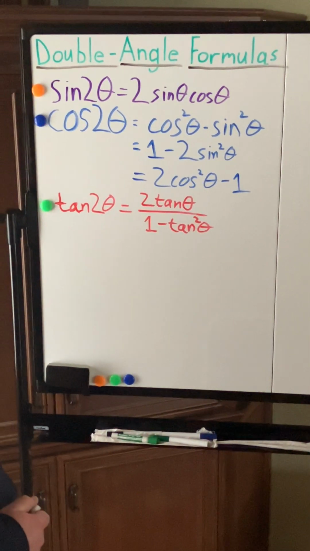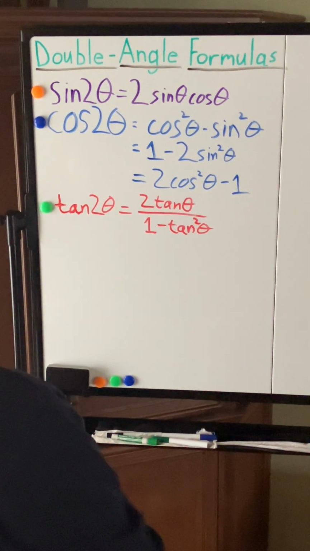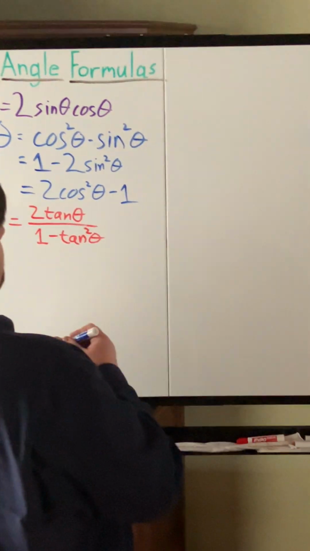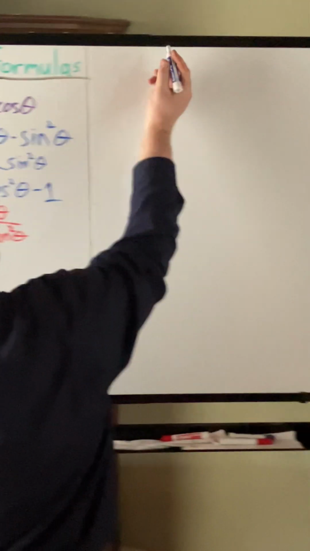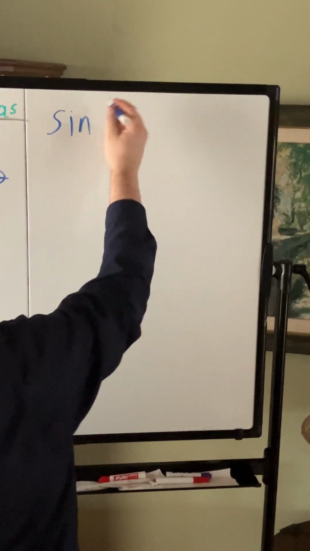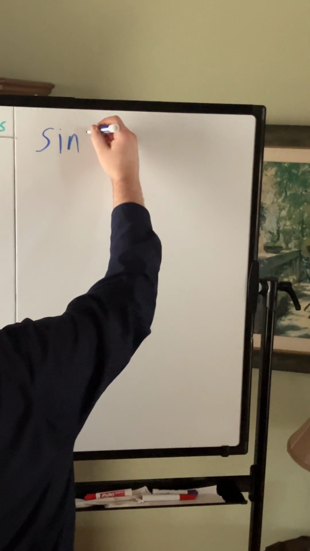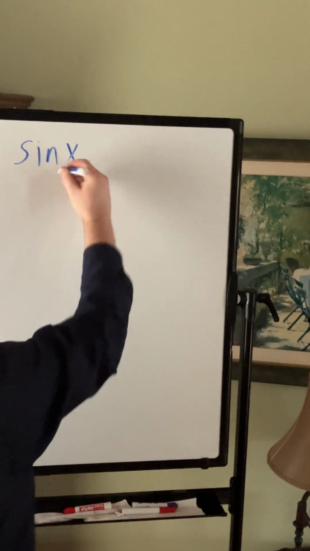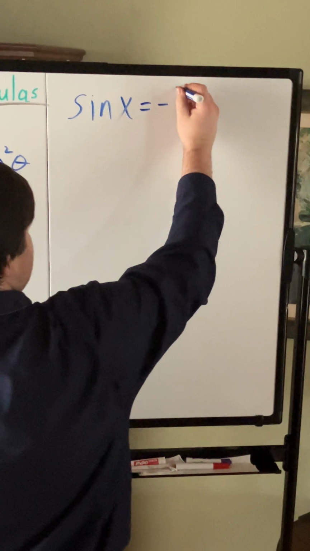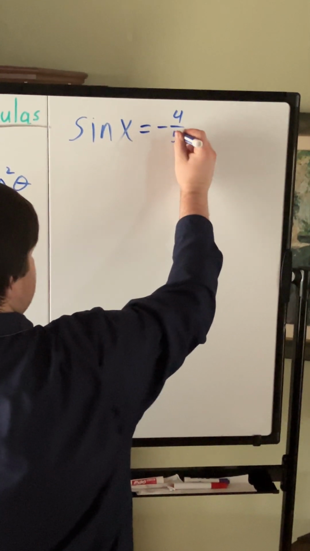So, what those problems look like would be something like this. They will tell you that sine of some angle, we'll call it angle x in this case, sine of x is -4/5.